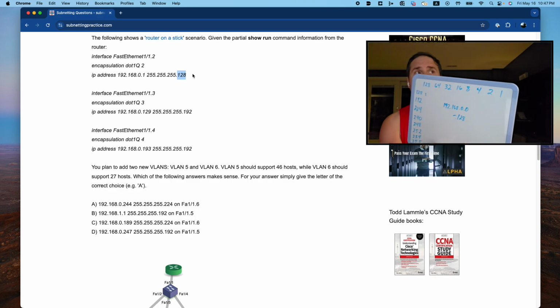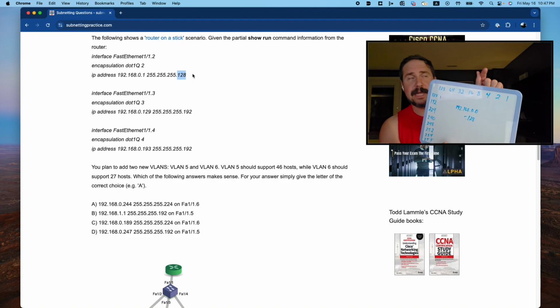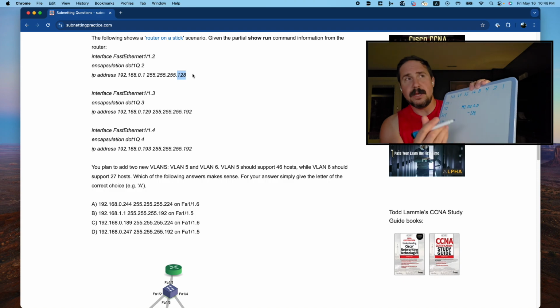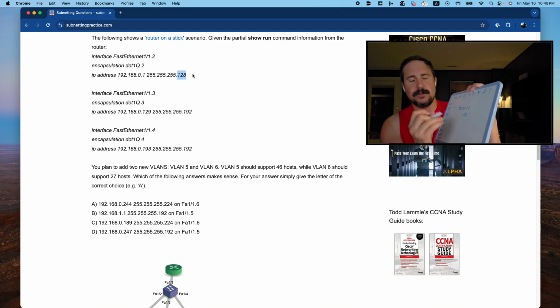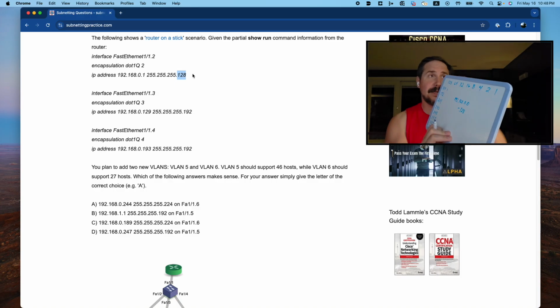In this subnet, the first interface is occupying hosts 0 to 128. Now, 0 would be the network address, which isn't a usable host. That's why this interface has been assigned the .1, because that's the first usable host in the subnet. The .128 is also not usable because that's the broadcast address. So the last usable address in this subnet is .127, just for future reference. We'll probably get a question about that.